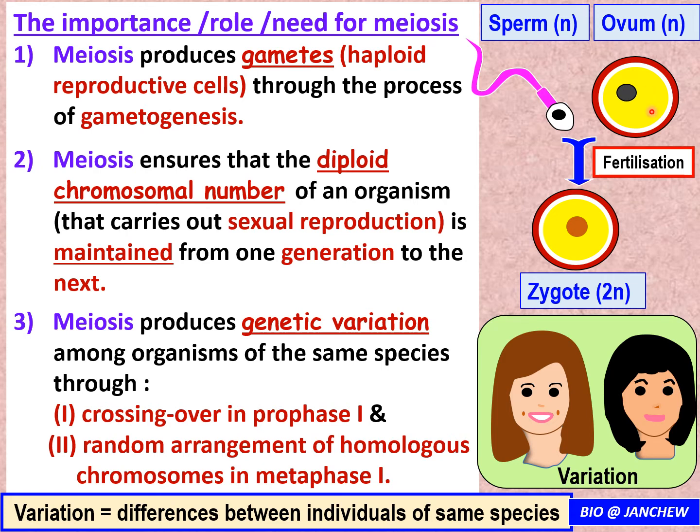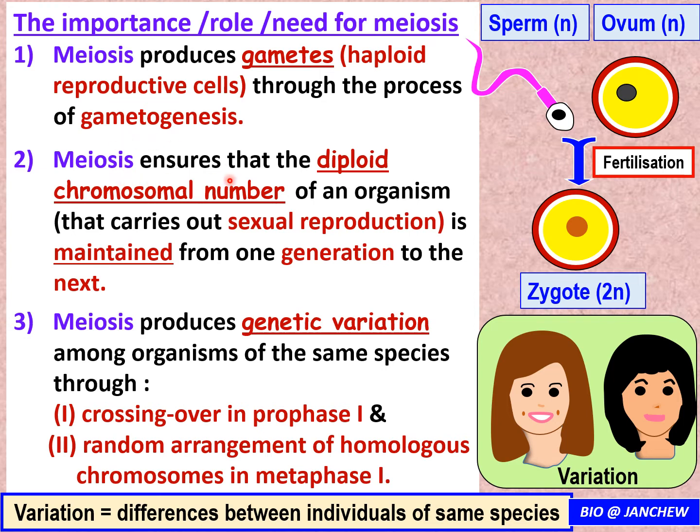Ovum has the set of chromosomes from the mother, which are the maternal chromosomes. So when they fuse together, the zygote will have two sets of chromosomes. One from the sperm or the father, and one from the ovum or the mother. So the zygote now becomes a diploid organism.